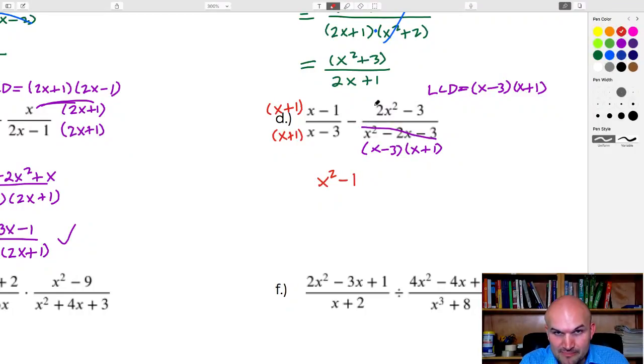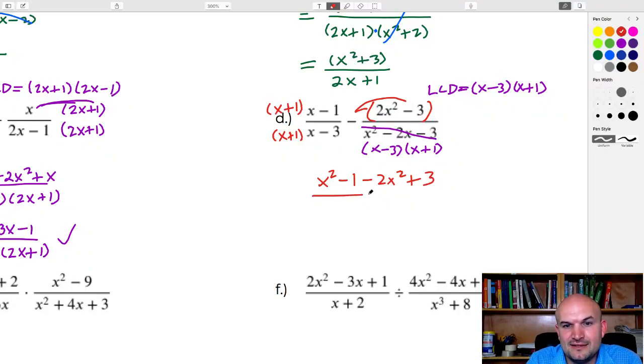And then here, the big important thing is make sure you put parentheses around this term because you are subtracting 2x squared and you're subtracting the negative 3. Make sure you understand that that is in parentheses. A big common mistake students make is they just subtract the 2x squared and not subtract the negative 3. And again, these are all over my common denominator, which is x minus 3 times x plus 1.